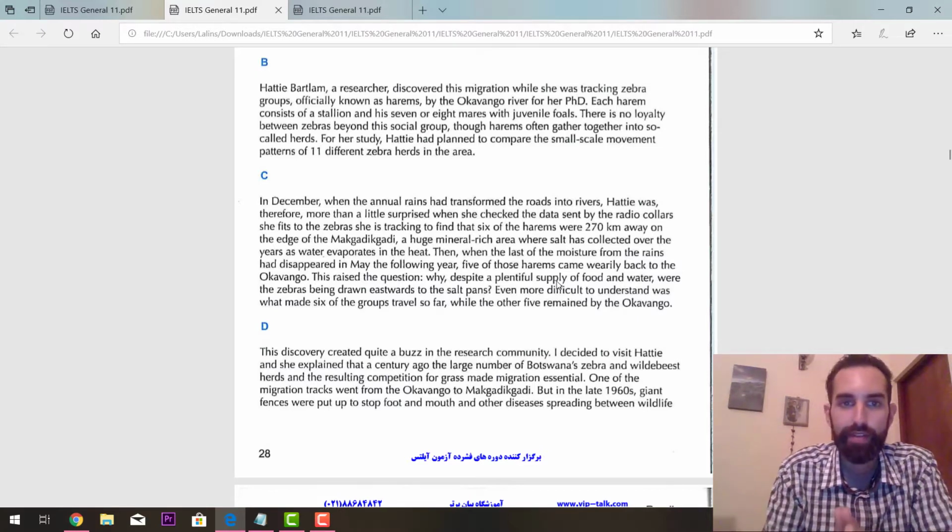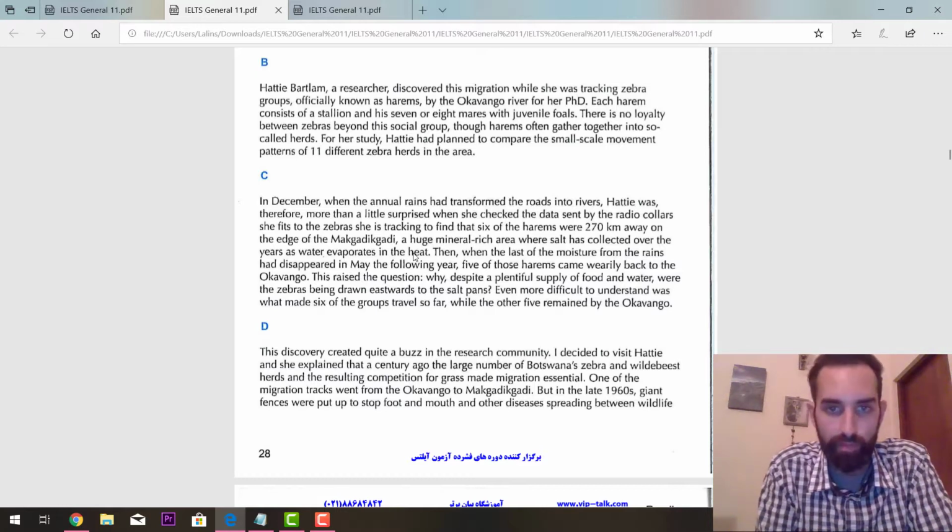Yeah, so Hattie was therefore more than a little surprised when she checked the data sent by the radio collars she fits to the zebras she is tracking to find that 6 of the harems were 270 kilometers away on the edge of the Makgadikagadi, a huge mineral-rich area where salt is collected over the years as water evaporates in the heat.